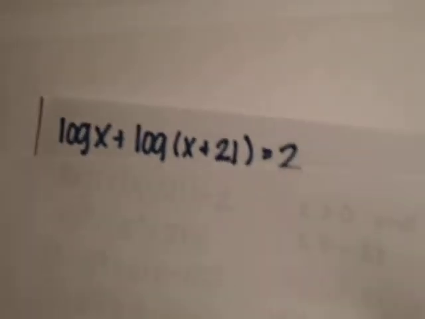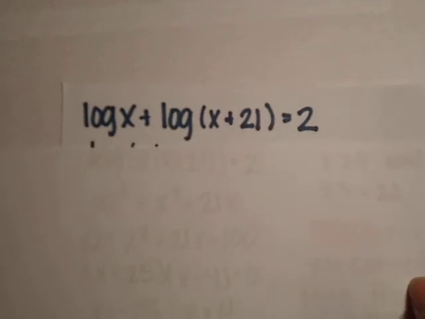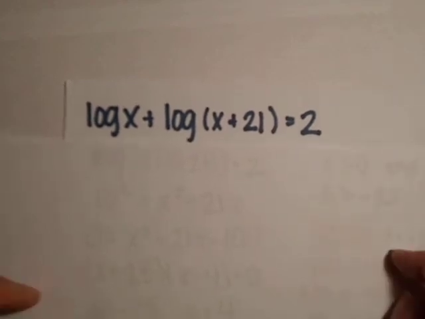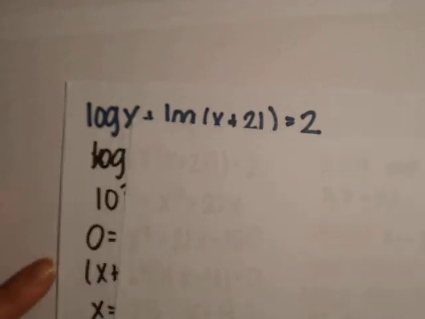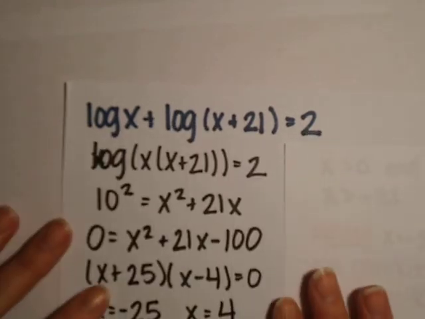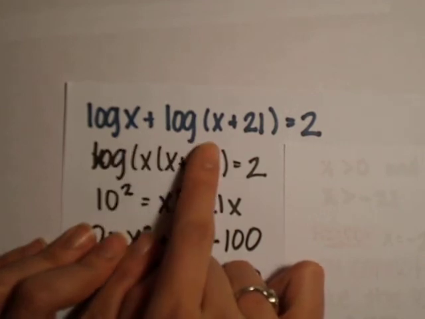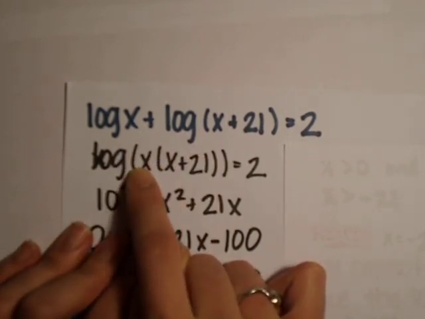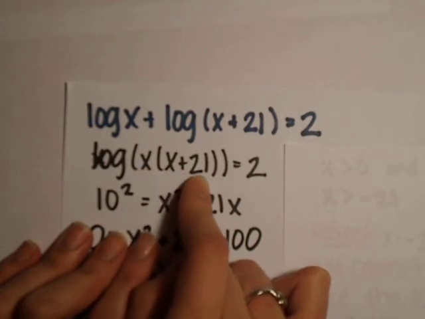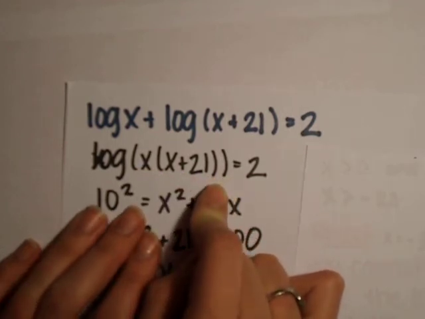For another example, we have the log of x plus the log of the quantity x plus 21 equals 2. For this one, we'll use our properties of logarithms to combine log of x and log of x plus 21 to get log of x times x plus 21 equals 2.